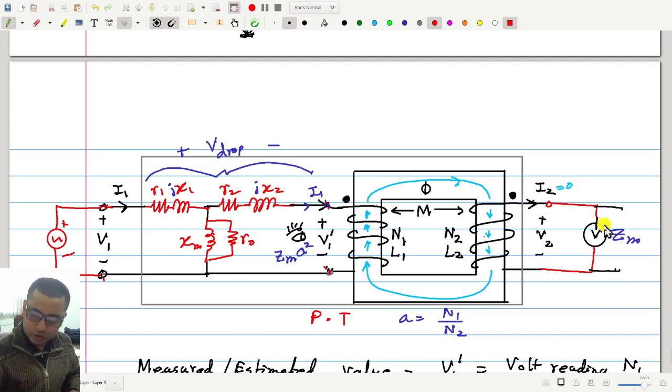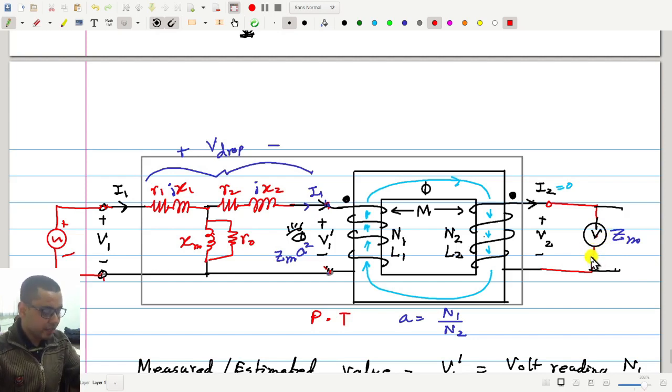Suppose in the secondary, instead of connecting a meter, we connect a relay or circuit breaker, so that if the primary voltage goes beyond the limit, they will automatically act and switch off the circuit. That is also a kind of measuring instrument.